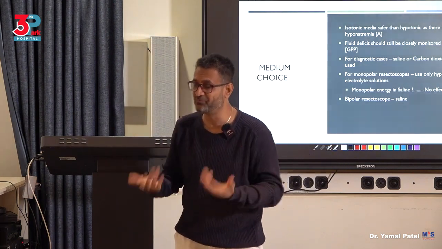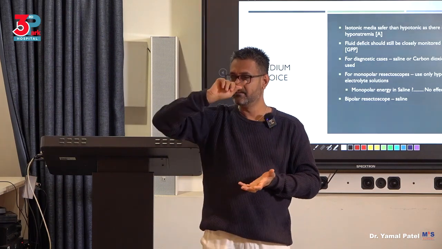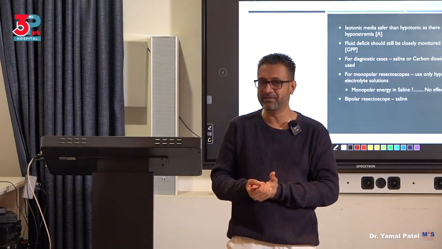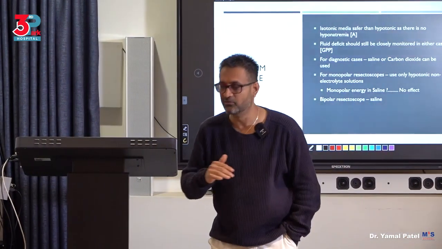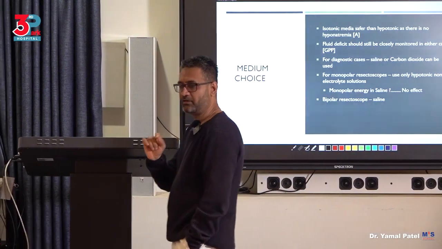The saline is touching everywhere, including the vagina, it's all continuous, right? So it will never work, because you will never get a focus in one space to burn. It's just spreading out. So saline in monopolar is not used because it will not work, not because it will burn the patient. All right? That's what I wanted to clarify, guys.